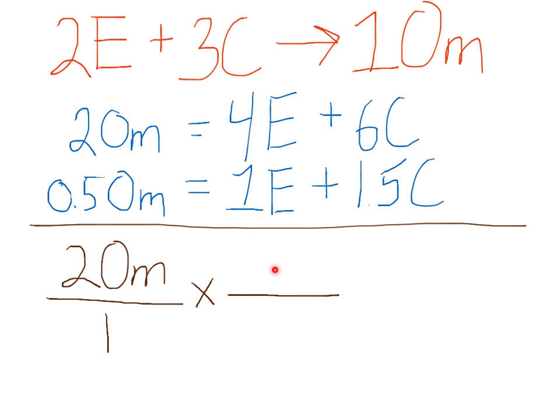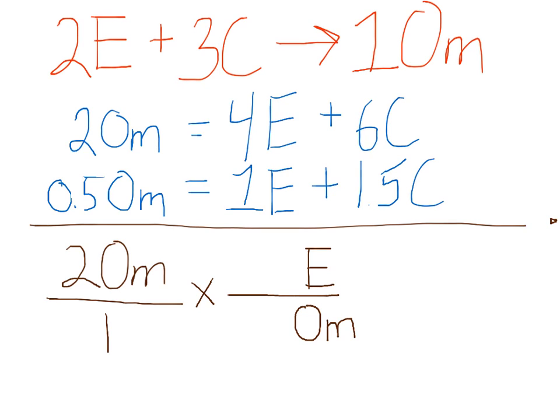For your conversion factor, you need to do the mole ratio between what you want, which is eggs, and what you have, which is omelets. So what we want is eggs, and what we're starting off with is omelets. So there are your units right there.